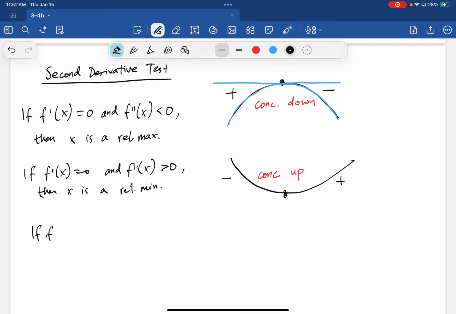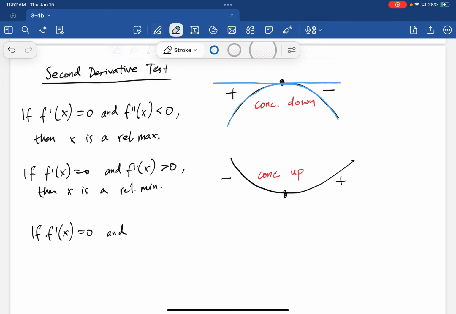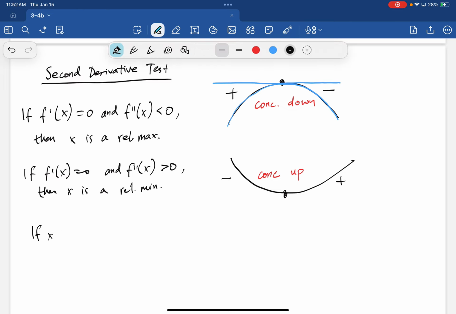So if x is a critical number, and the second derivative equals 0 or doesn't exist, then it's inconclusive, and we should maybe try the first derivative test. But the second derivative test can be a useful shortcut that allows us to not do that every time.